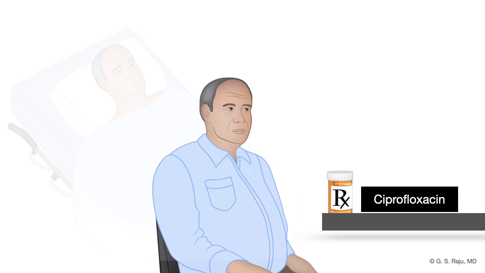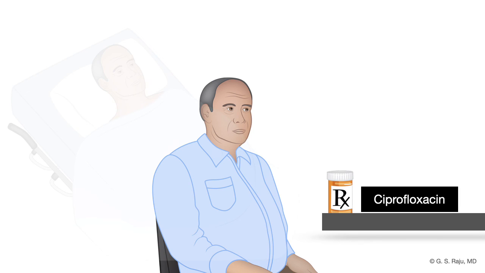You also want to think about whether they are on PPIs and don't need them. If they don't have an ulcer, they don't need a PPI, so you may want to hold it because PPIs can increase bacterial overgrowth and could increase the risk of spontaneous bacterial peritonitis. As their blood pressure returns, make sure you restart their beta blocker.